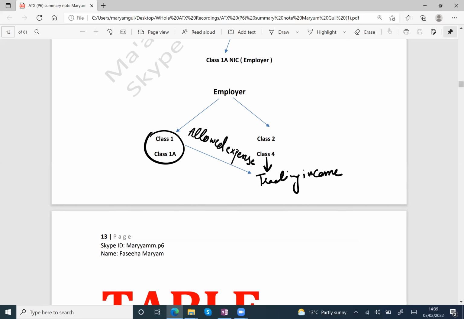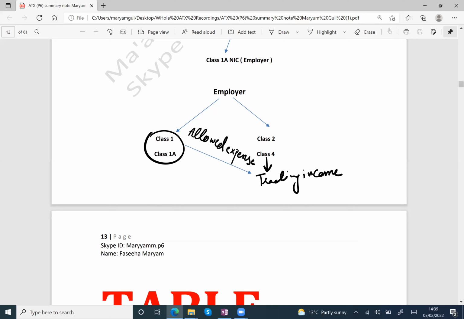Clear? Yes, ma'am. Now tell me, I am saying class 1 and 1A paid by the employer on cash and non-cash benefits is an allowed expense. But my question is, the employer is paying you cash, salary, bonus, cash and non-cash benefits. Are all these things allowed expenses, or only the class 1 and 1A NIC?